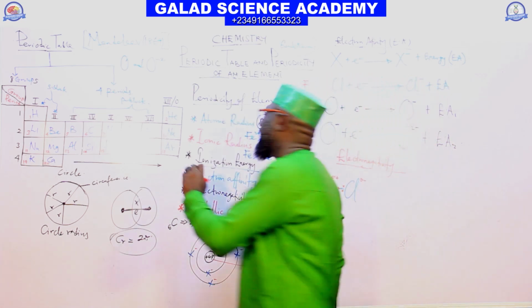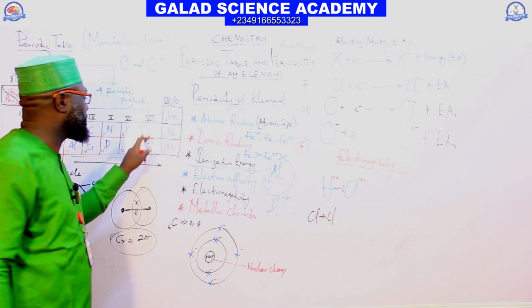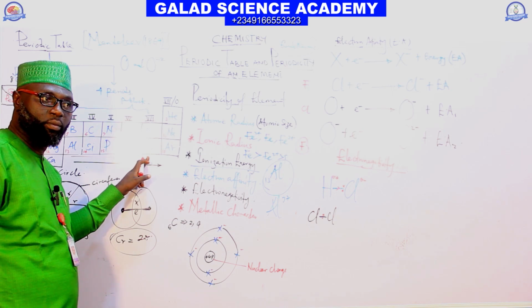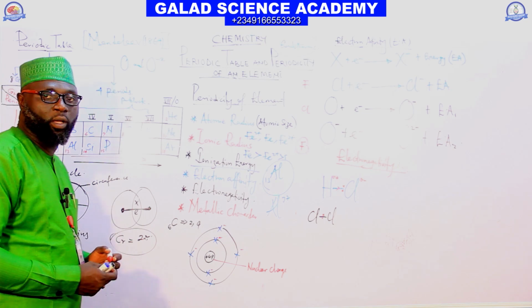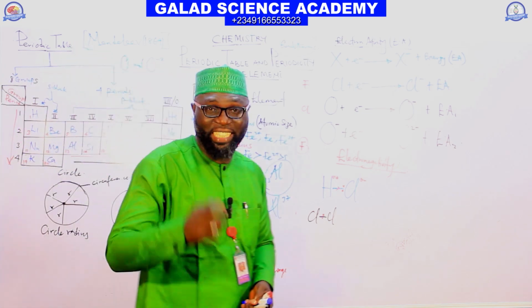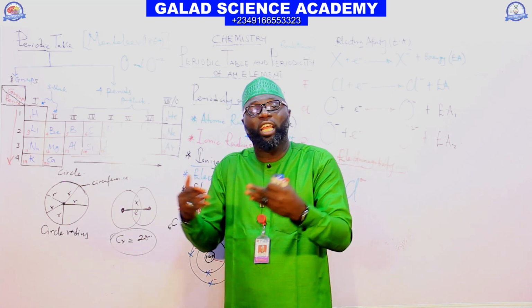Because I said electronegativity increases across the period but decreases down the group. So that is electronegativity: the tendency of an atom to attract the covalent bond electron to itself.